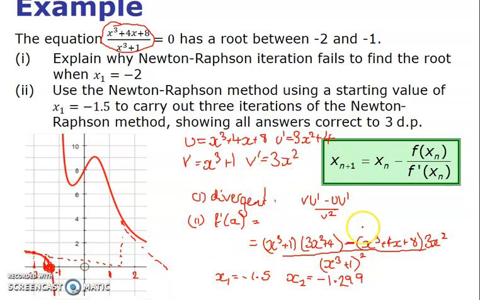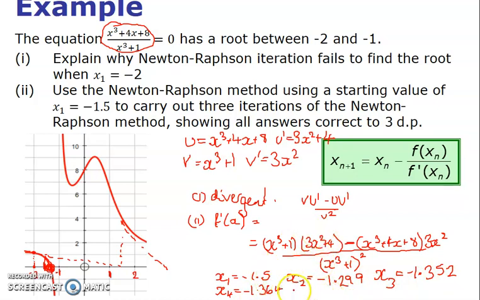Alright, so it's slightly different, x3. And this time we're getting minus 1.35. What's it say? Give your answer to 3dp. 1352, give one more. Next one, I'm getting x4 equals minus 1.364. So that's 1.36, that's 35. Presumably this one's going to be another 0.36.